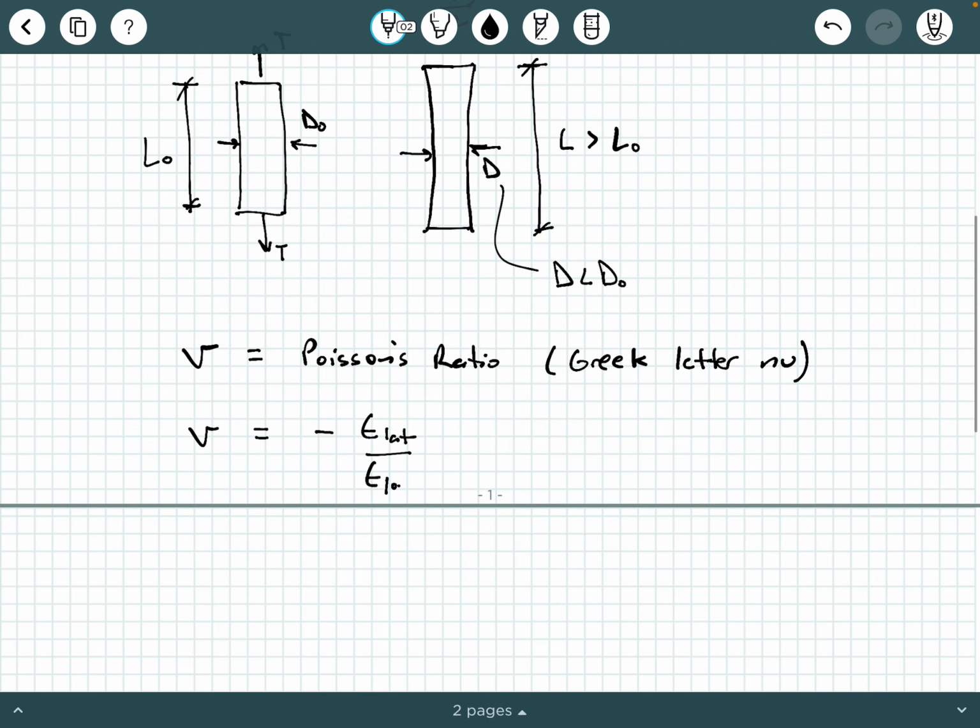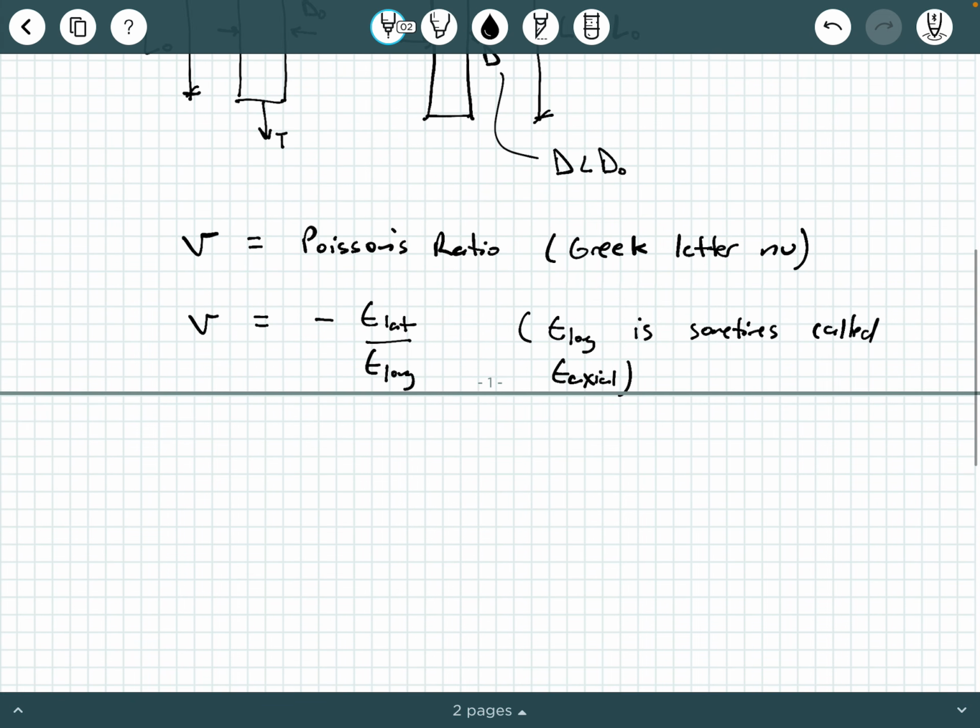Okay, so we'll say epsilon long. And sometimes epsilon long is called epsilon axial because it's in the axial direction. So if you see epsilon long for longitudinal or epsilon axial, it means the same thing, okay? Now these epsilon values, these are strains, of course, right?